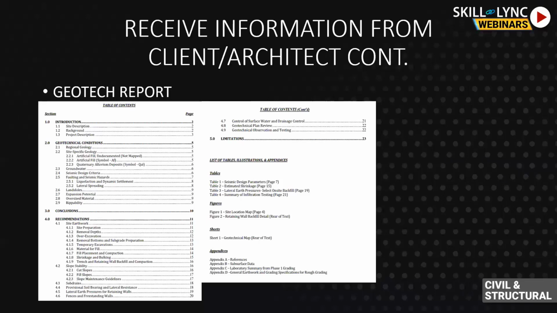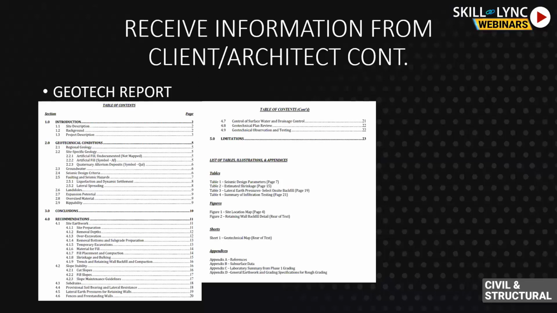So all that you'd be getting is a geotech report, and this is a very small geotech report. It has just 23 pages, as you can see here. Just to quote an example, in some cases you might get a geotech report that is 150 pages, and you have to read through all of it. There is a lot of data which is not relevant to us, which we don't use.